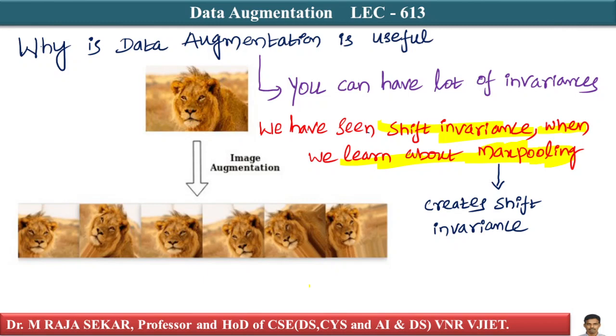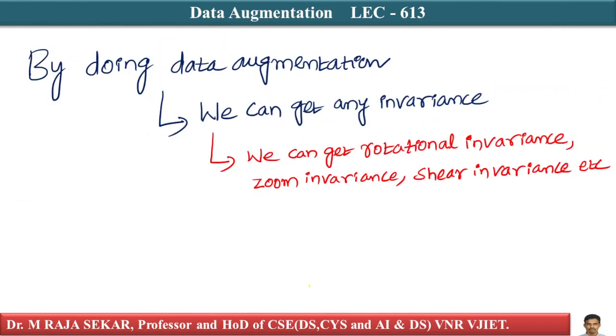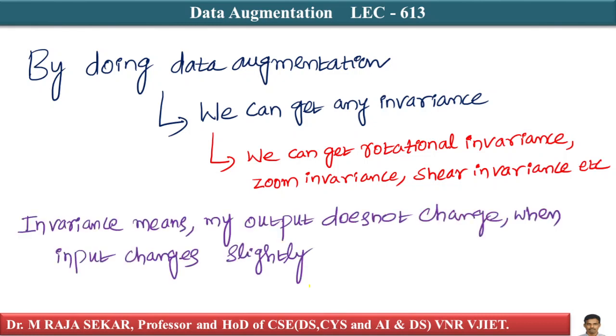I can get invariances, which means my output does not change. What is invariance? Invariance means my output does not change when the input changes slightly.